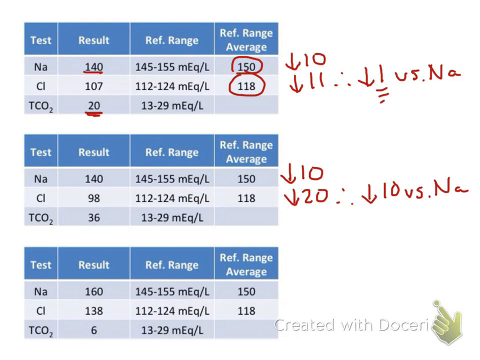So, chloride is decreased relative to sodium. This means that bicarbonate is increased to make up for the loss of chloride. This increased bicarbonate concentration is reflected in the increased TCO2 results. Therefore, this example is of a metabolic alkalosis.